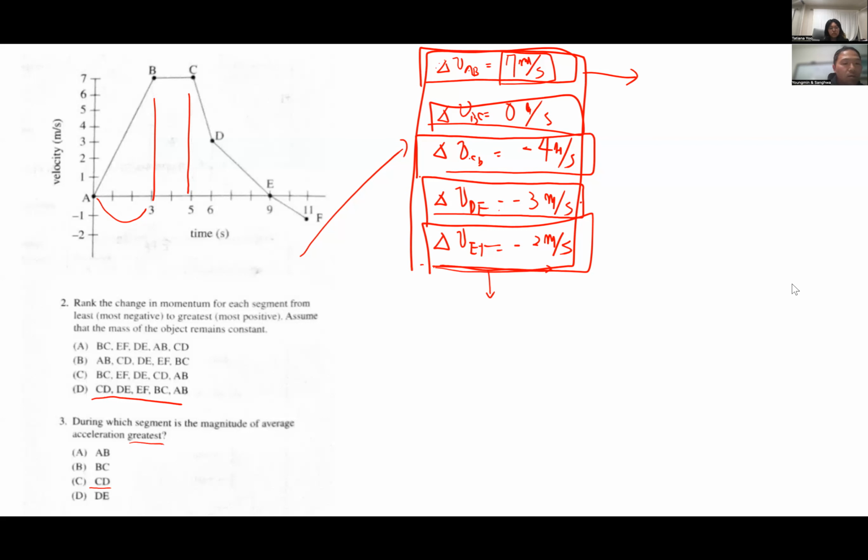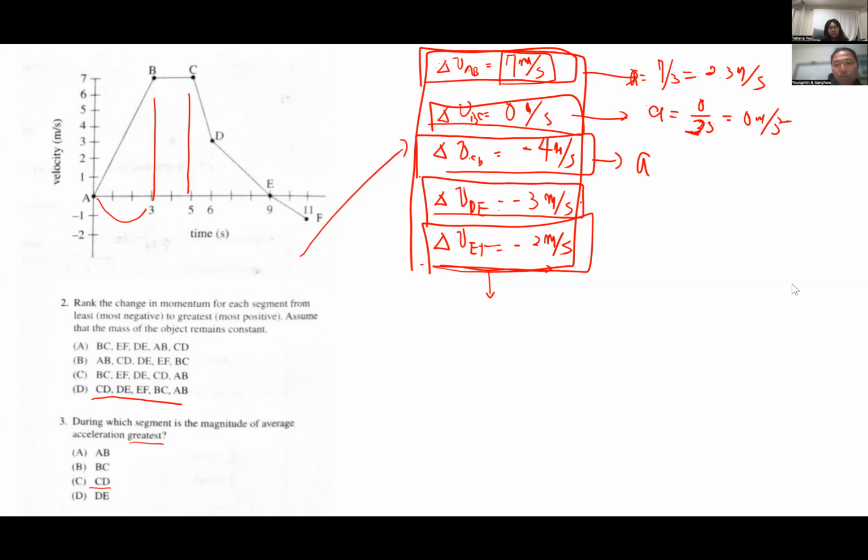So this is about the acceleration. We have to divide the velocity change by the time, right? If you divide the velocity variation in segment AB, 7 divided by 3 is 2.3 meters per second squared. And BC, the acceleration is 0 divided by 2 seconds, so that is 0 meters per second squared.